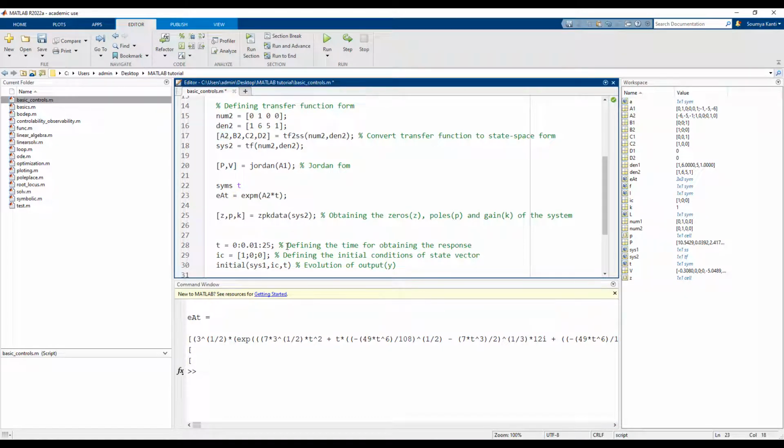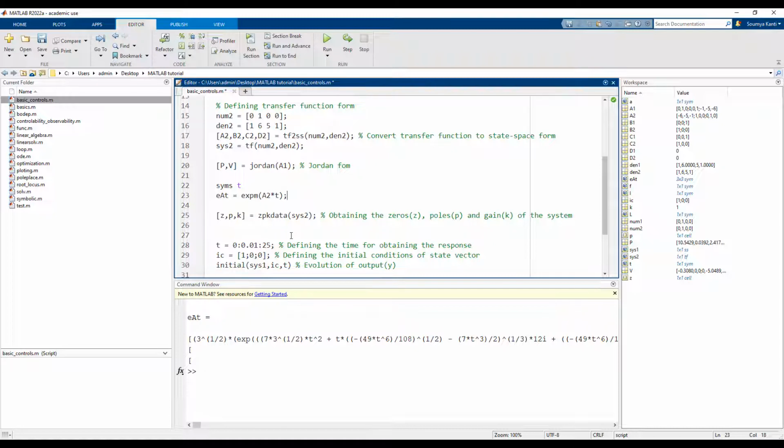Sometimes what you want is, suppose you have a system, either in state space form or in transfer function form, but you want to know what the zeros, poles and gain are. Even if it is in transfer function form, it can be in polynomial form.